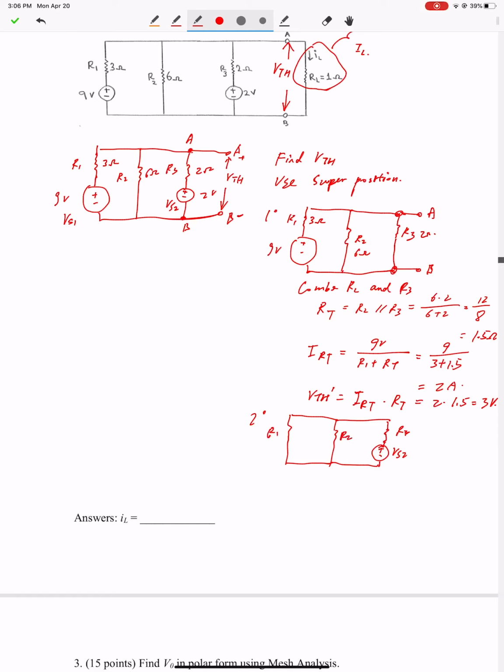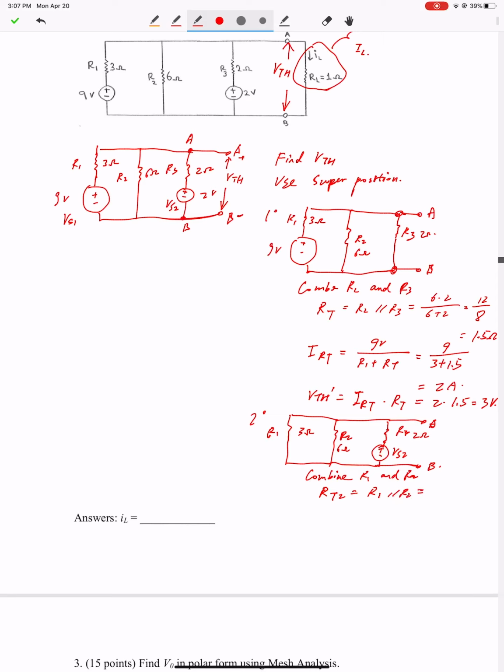So using the same method, you can find the voltage across point A and point B. Right, this is 3 ohms, this is 6 ohms, and this is 2 ohms. To do that, you can first combine R1 and R2, which we can call RT2.